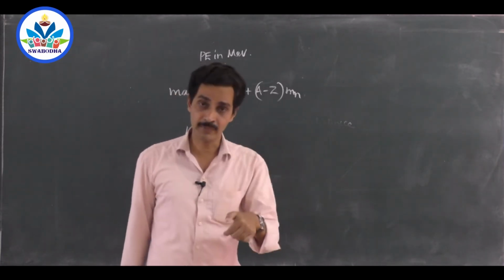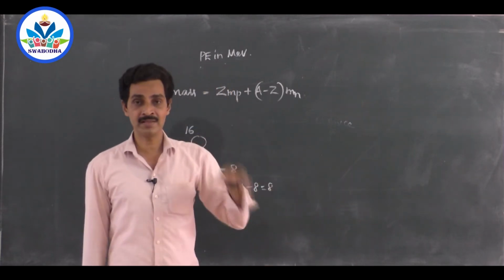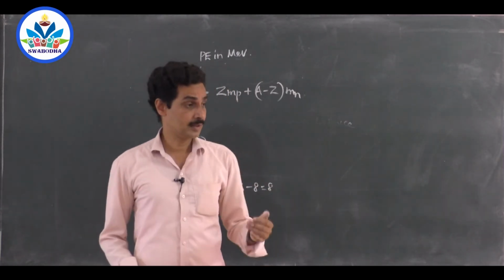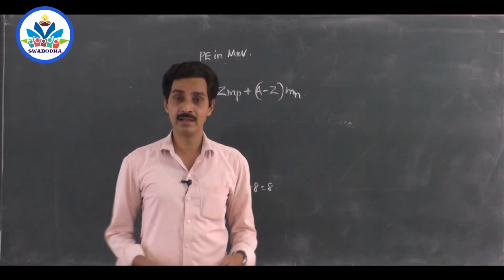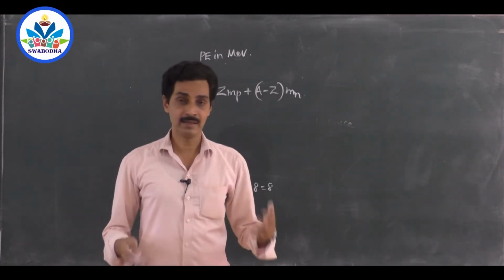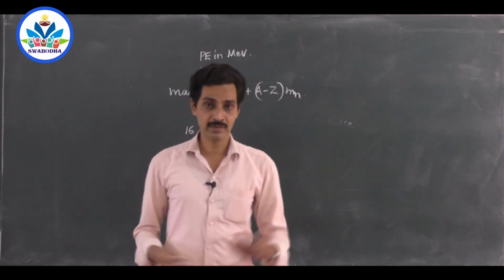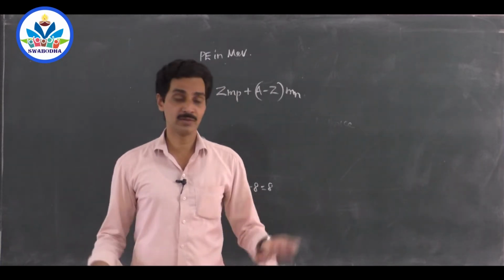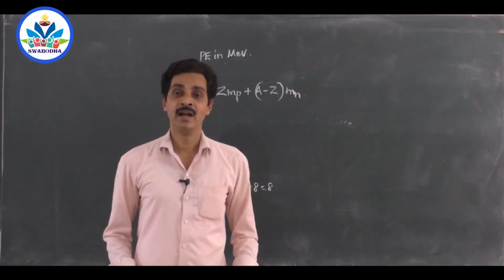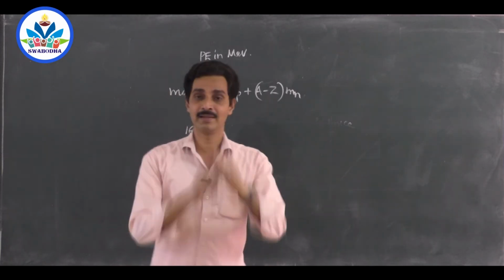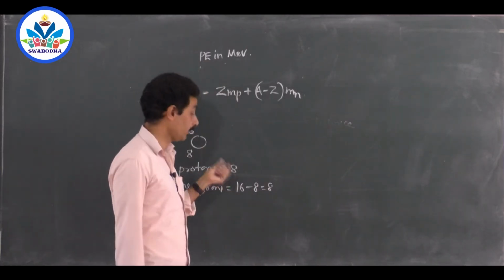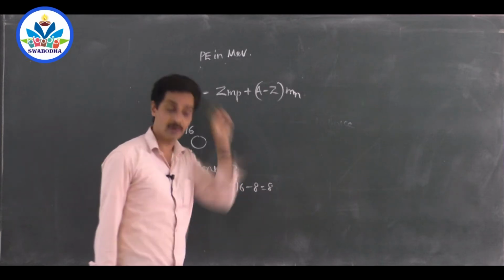And who will do this job first? Even if you bring 8 protons and 8 neutrons, is it over? No. If you purchase groceries, all the items needed to prepare some delicious food, say for example some Mysore pak, then is it over? No, you have to prepare it. Somebody should put in energy to prepare it, and energy is needed to prepare an oxygen nucleus starting from 8 protons and 8 neutrons.